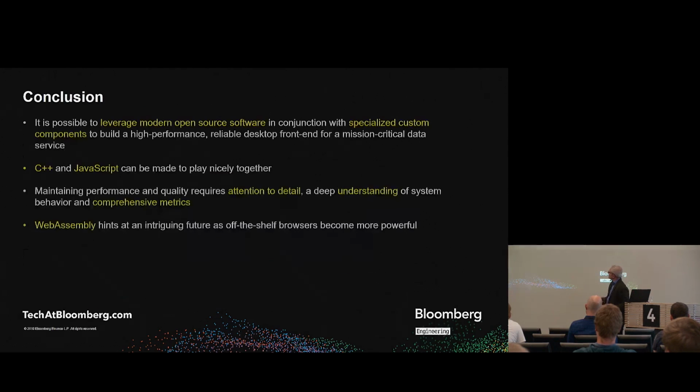So, in conclusion, a couple of minutes over. Sorry about that. I know it's lunchtime. It's possible to leverage modern open source software in conjunction with specialized custom components to build a high-performance, reliable desktop front end for what our clients consider a mission-critical data service.